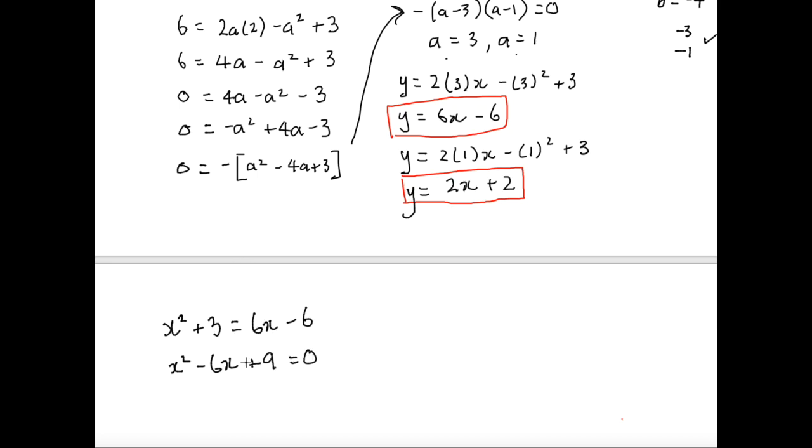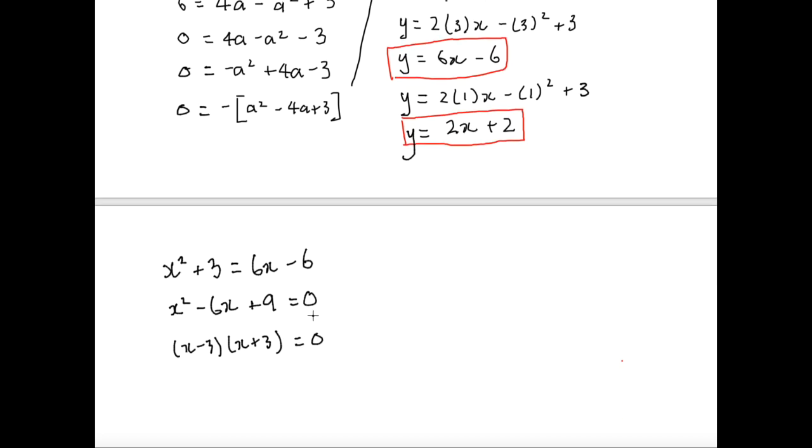Multiplies to give 9, adds to give minus 6 is minus 3, so it's x minus 3 times x minus 3 equals 0. And so that gives us an answer of x equals 3. So what we have here is x minus 3 squared equals 0. Solving this gives us x equals 3.